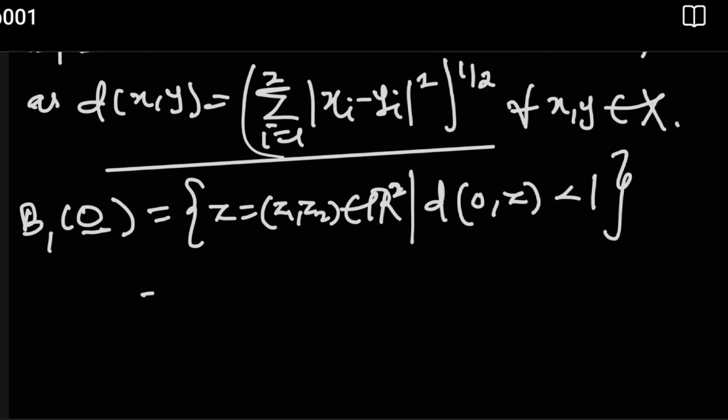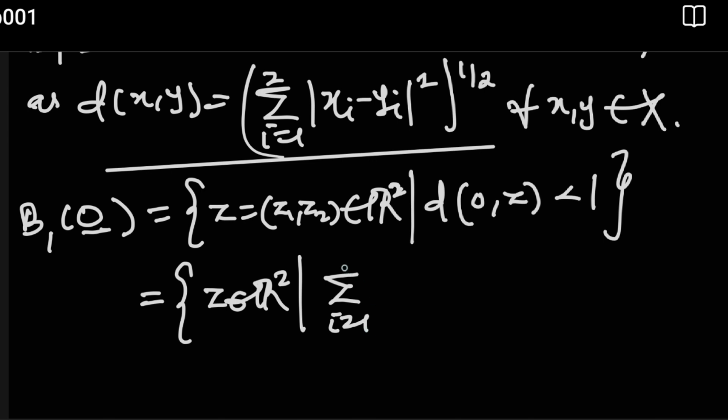So this is equal to the set of z in R2. If you substitute 0 and z, you have the summation from i equals 1 to 2 of zi squared, raised to the power 1/2, is less than 1.